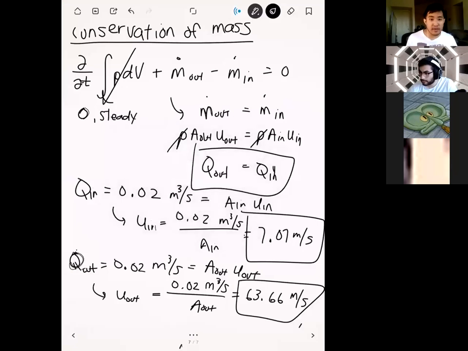And so now that we have the velocity at the inlet and the outlet, we can apply conservation of energy, because we'll have all the terms that we need. So let's go ahead and do that. Let me write out the full expression here, and then we'll cross out the terms from our assumptions.